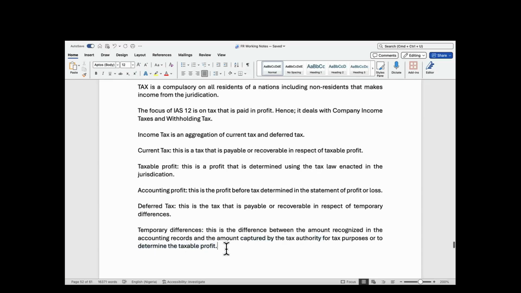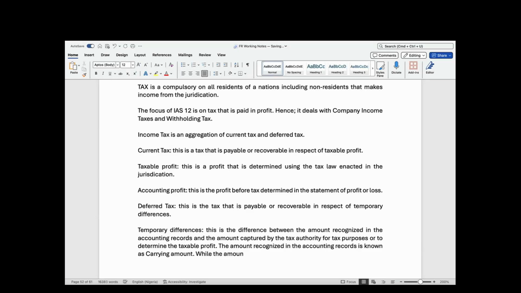So the difference between the two is what we call taxable profits. And you see, the amount recognized in the accounting records is known as carrying amount. You'll see me calling it carrying amount.